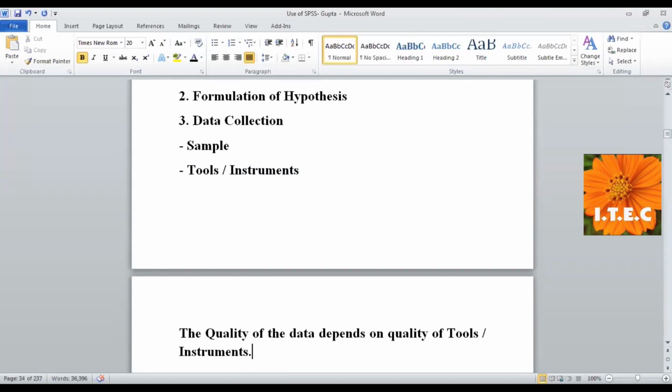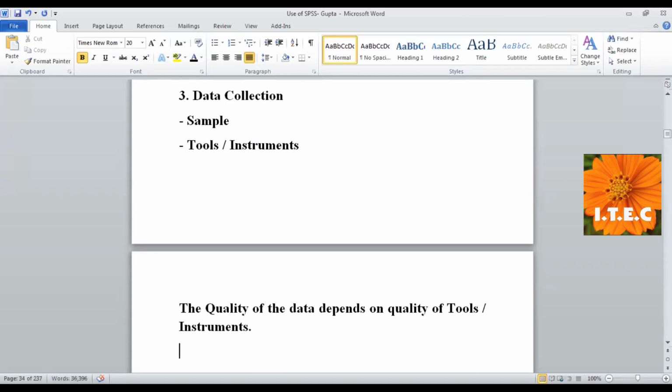Now, as a researcher, we must know what are the characteristics of the good tools or characteristics of tools or instruments.